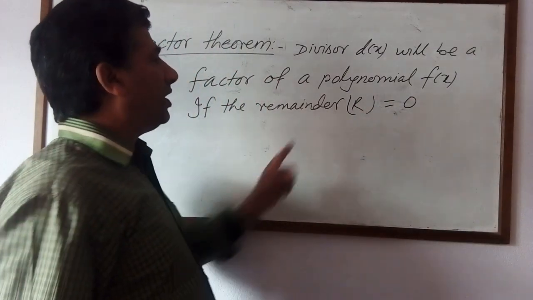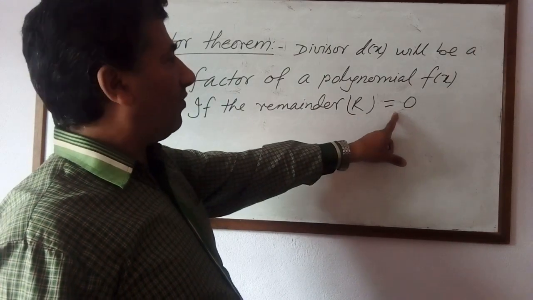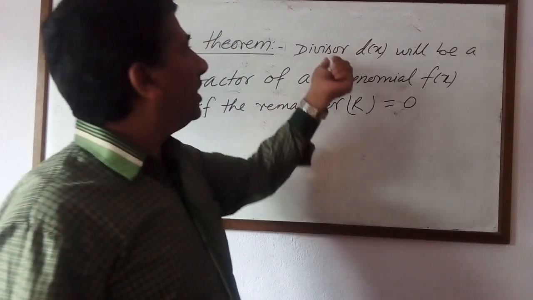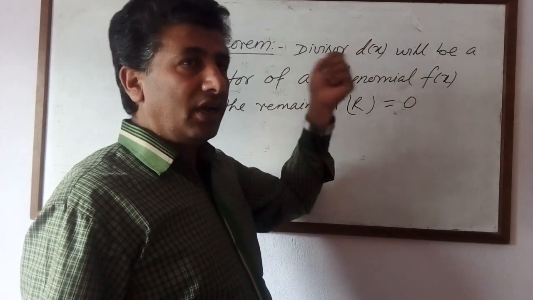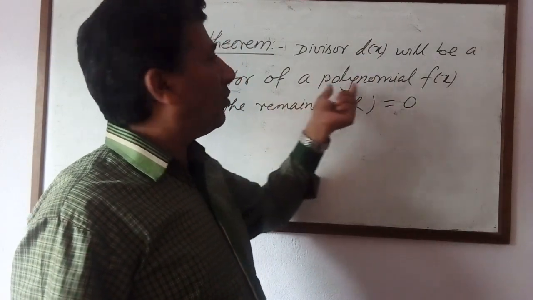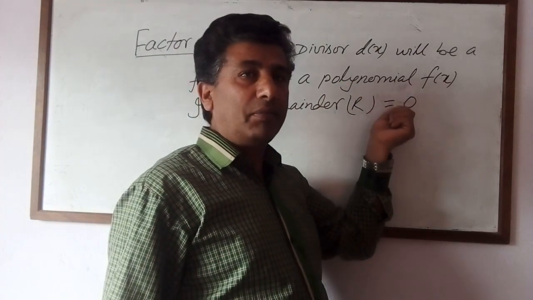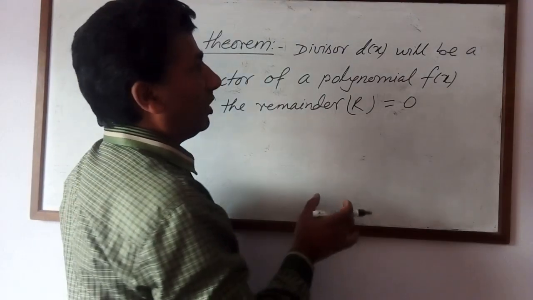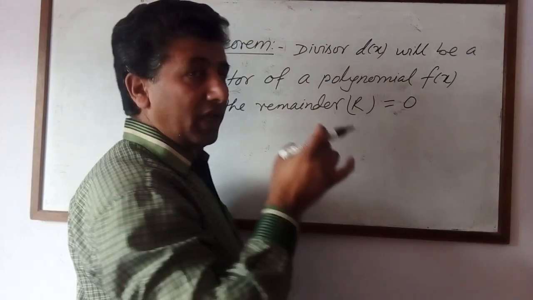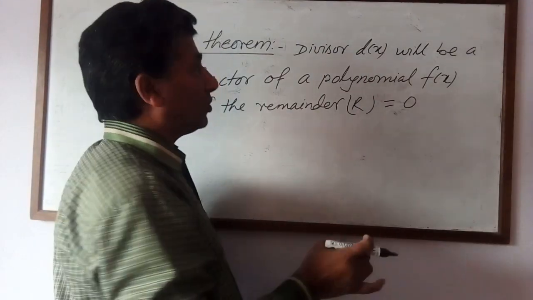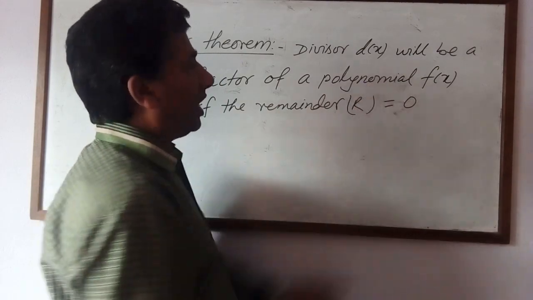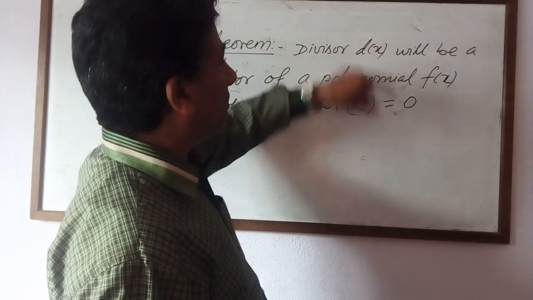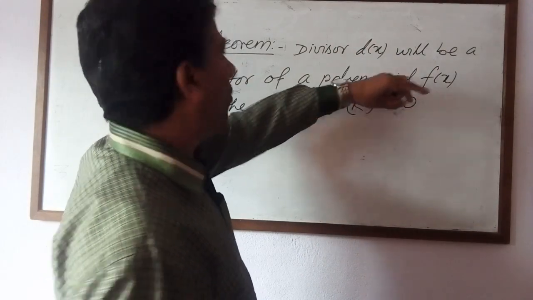When the value of r is 0, at that condition the divisor dx will be a factor of the polynomial, which is the factor theorem. Now I wrote this in terms of polynomial, but this will be true for any number also. In place of polynomial you can write number also, but our course is related to polynomial, that's why I define it in terms of polynomial.